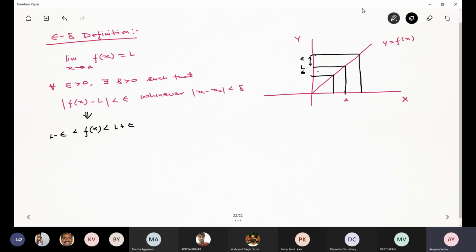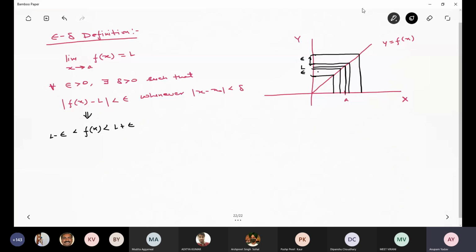So the moment I'm saying for every epsilon greater than 0, I can choose a value very close to L by choosing a very small epsilon.